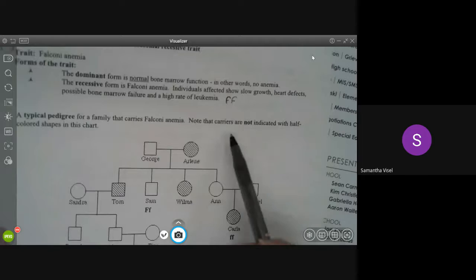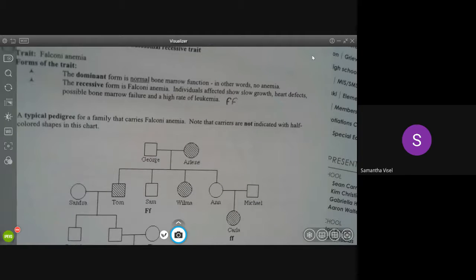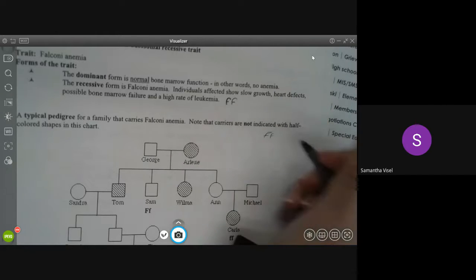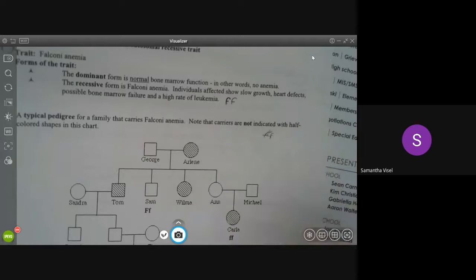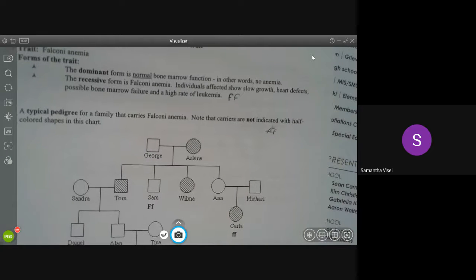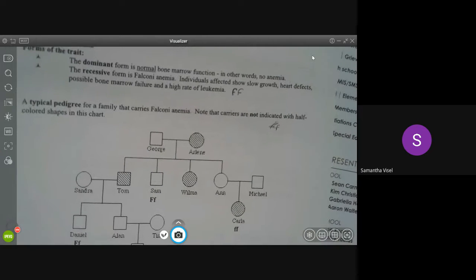Now you're told that carriers, people that are heterozygous for this particular pedigree, happen to not be half shaded. In some pedigrees, you'll see a circle half shaded, half not, which would represent somebody that was heterozygous. But you're not told of this here, so this requires a little more thinking to figure out genotypes.